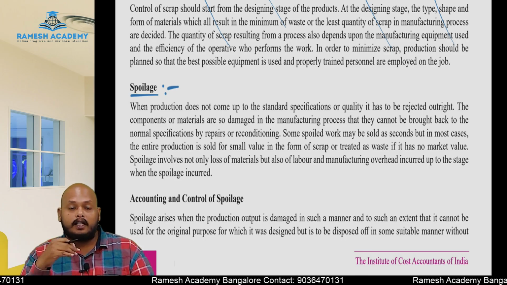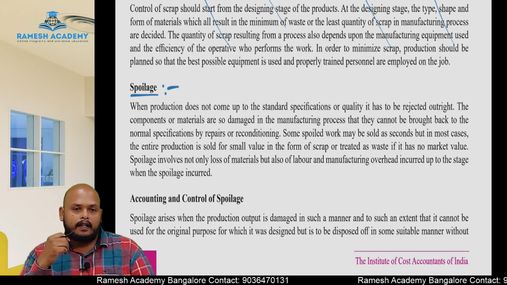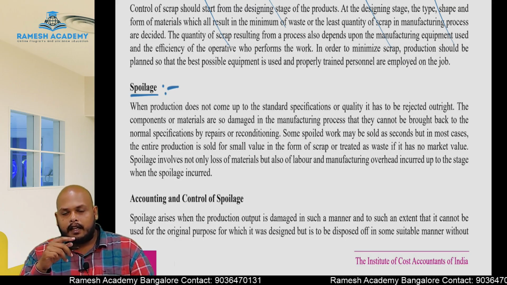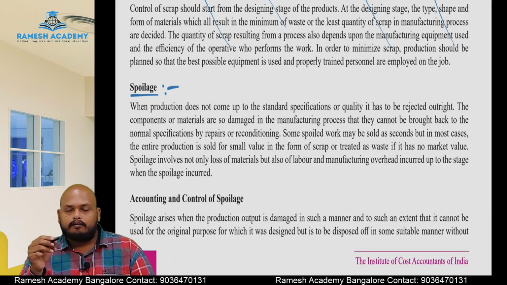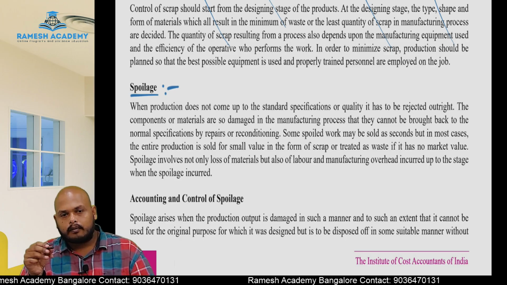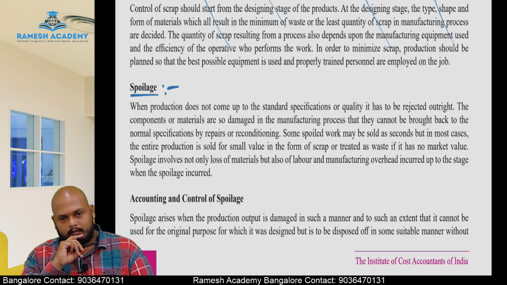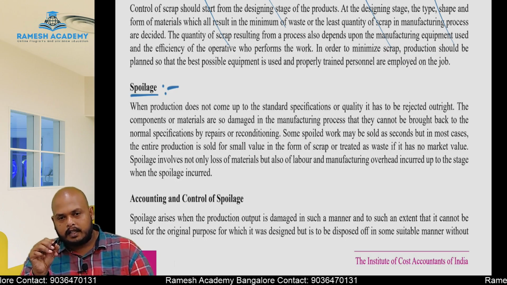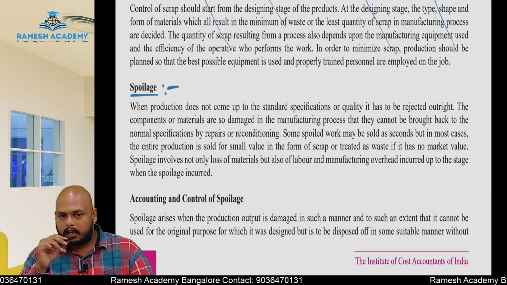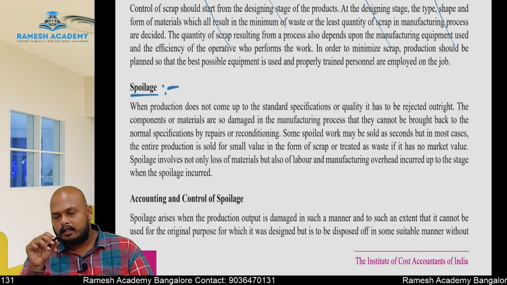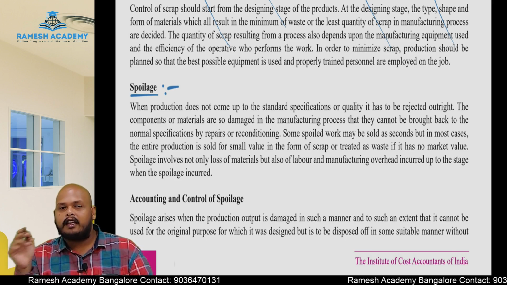Or we cannot further rectify the spoilage work. Take an example of a saree. When they are manufacturing the saree, they require yellow threads, red threads and green threads. First yellow, next red, next green. Unfortunately, in the machine, first yellow came in the saree, next red came, next yellow came again, and next green came.